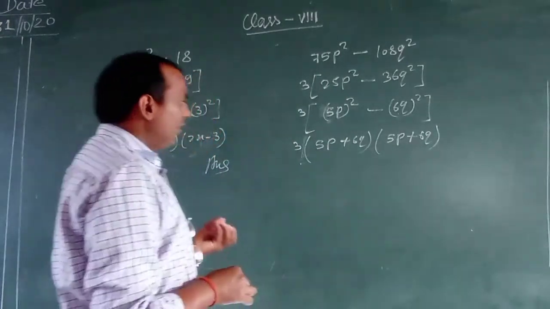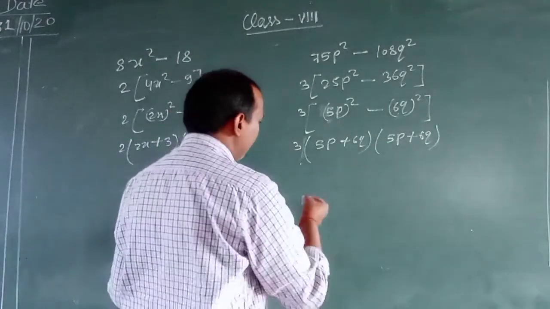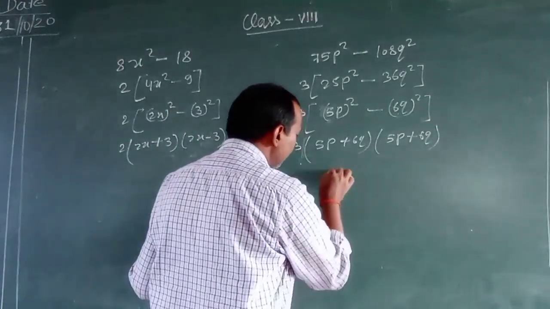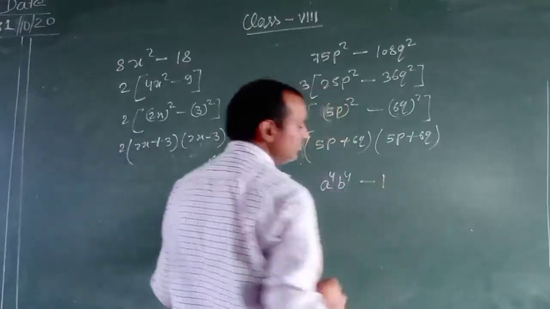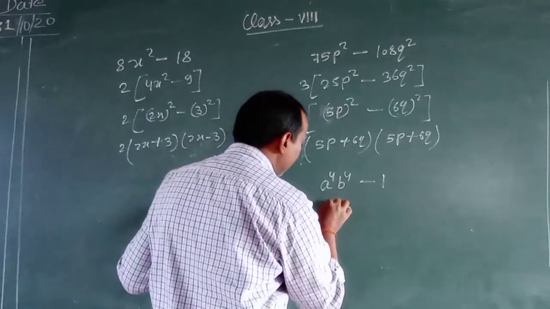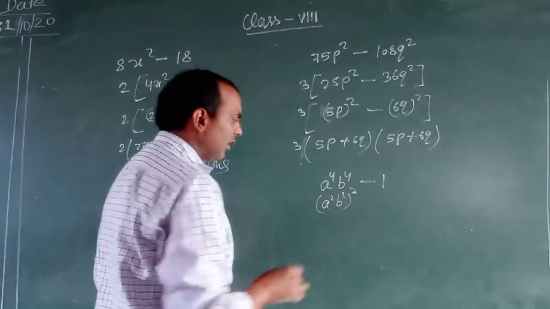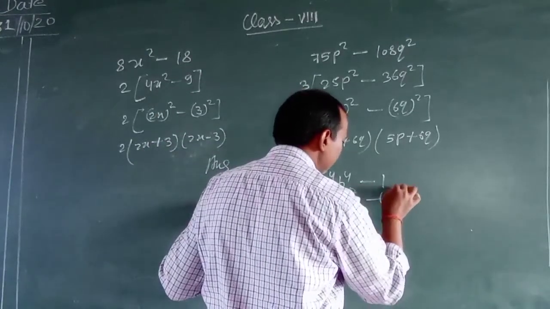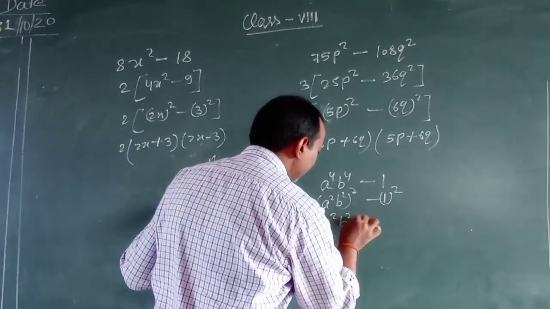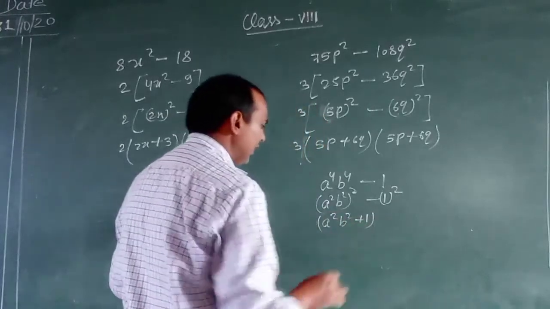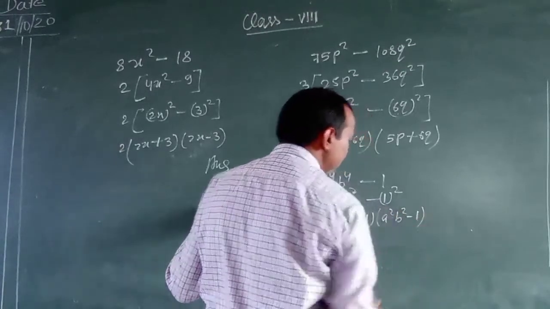इस तरह से जो है हम और भी क्वेश्चंस को सॉल्व कर सकते हैं. फॉर एग्जांपल a raised to power 4 b raised to power 4 minus 1. It can be written a square b square minus 1 square. Now it is a square b square plus 1 and here a square b square minus 1.